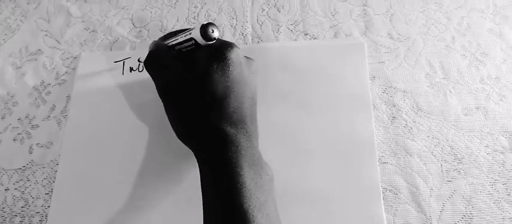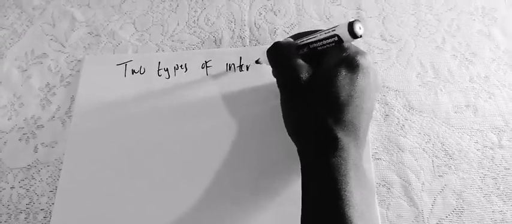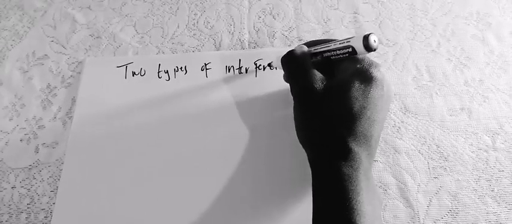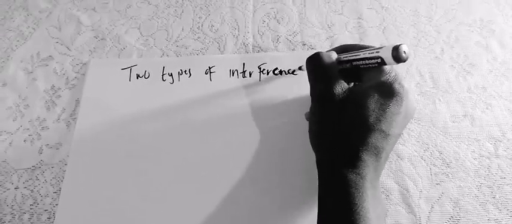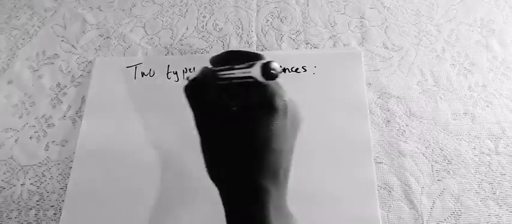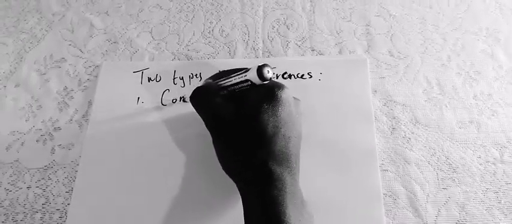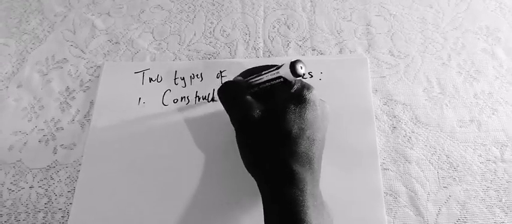All right, let us continue. We have two types of interferences. Number one, we have the constructive interference.